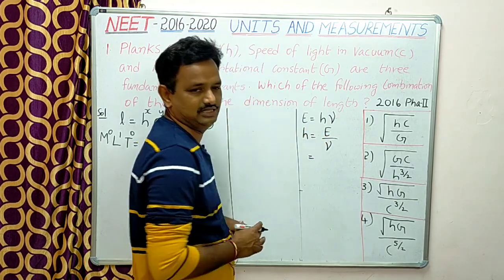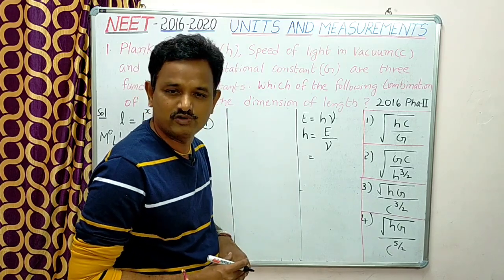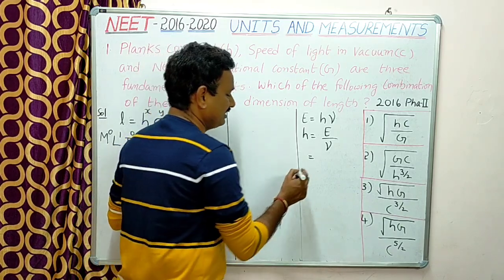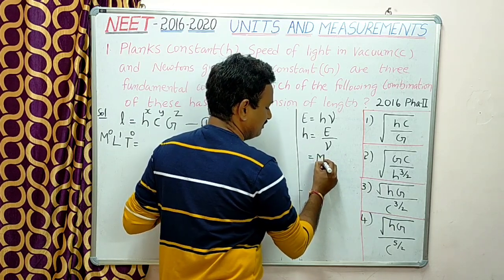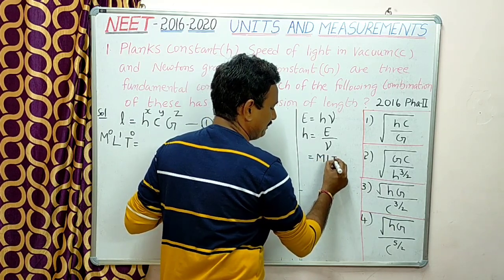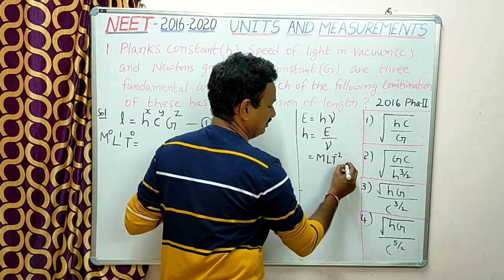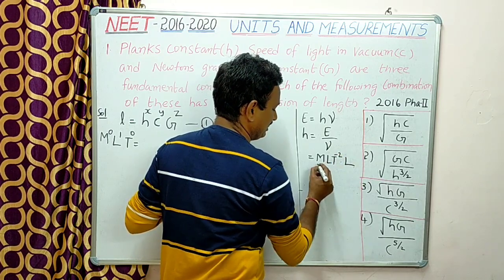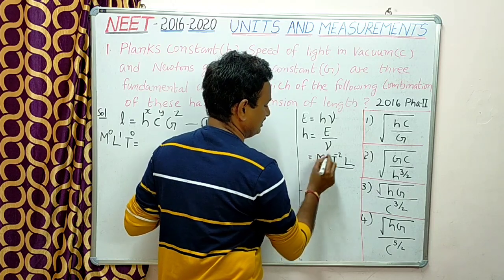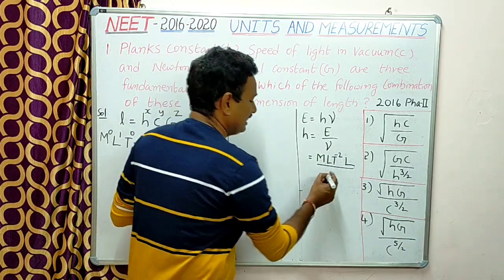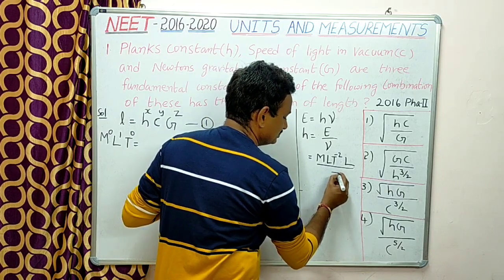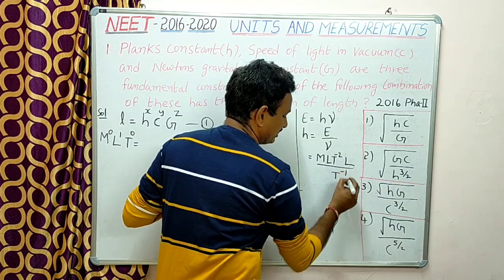E means energy. I can apply the dimensional formula of work done here. Work done is force into displacement, that is force m L t power minus 2 into displacement, that is L, by frequency. Frequency means 1 by time period, so I can take t power minus 1.